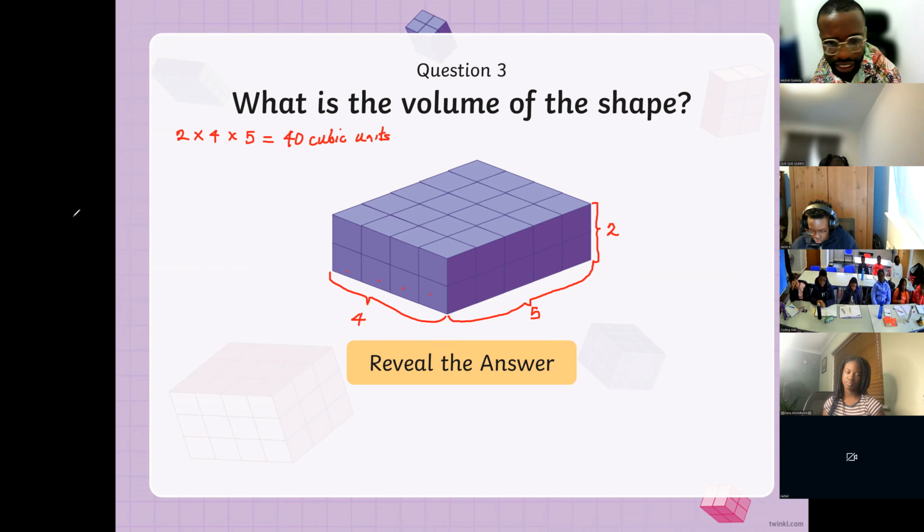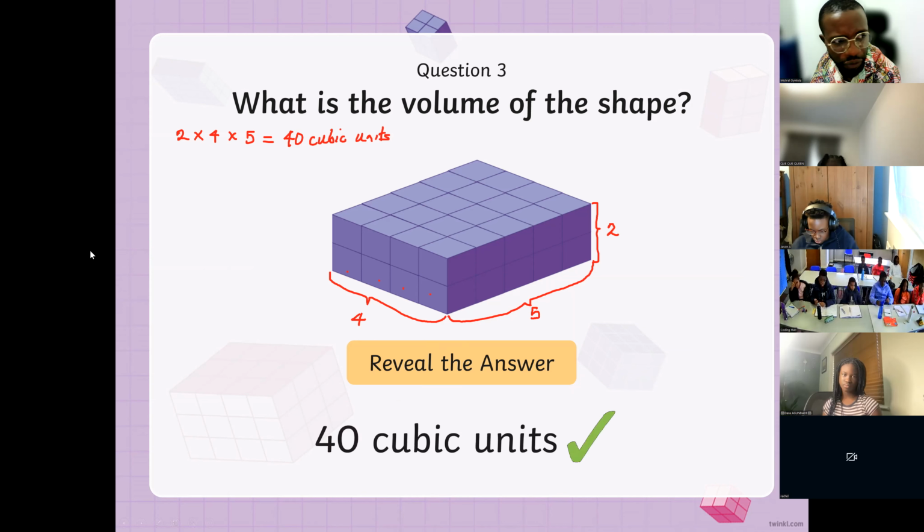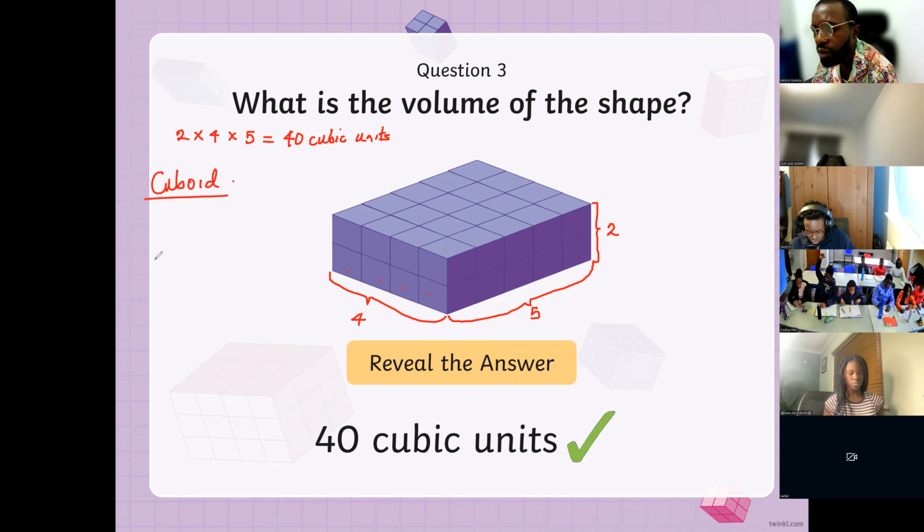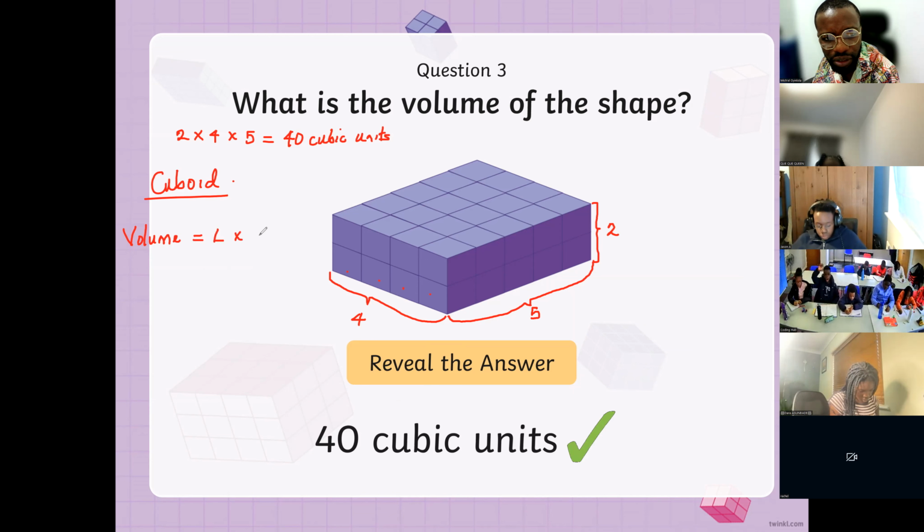Now, guys, put this down. This is what I'm going to have you write now. This is a cuboid, all right? The volume of a cuboid is length times width times height. Remember, we multiply 3 dimensions.